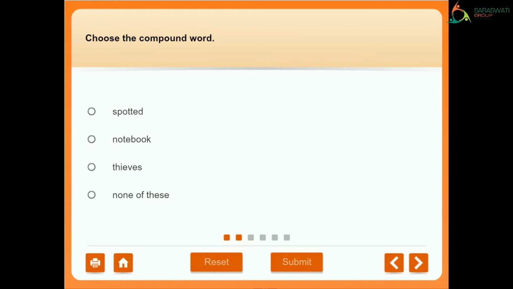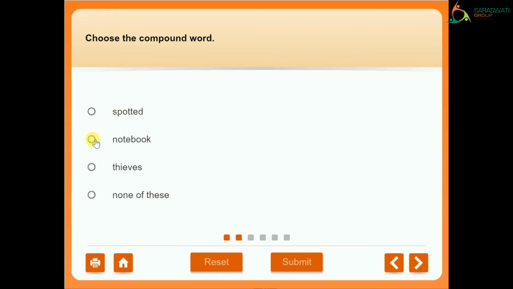Again we will have to choose the compound word. Let us see all the four words which are given: spotted, notebook, thieves, none of these. None of these means not any one of these which are given here. So if I go again, spotted, notebook, thieves, then I will choose notebook.